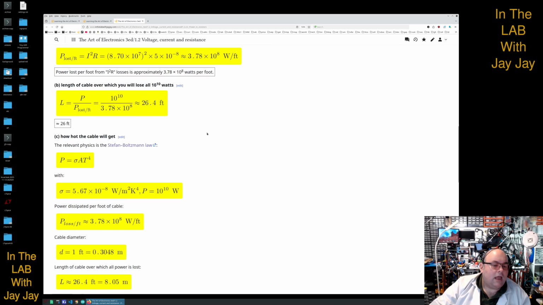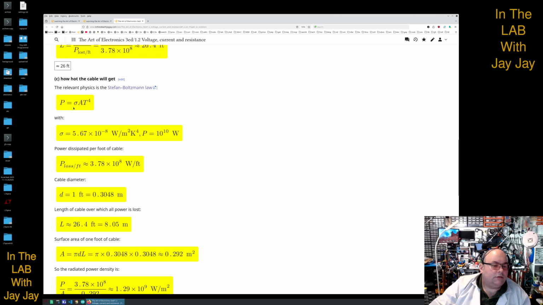How hot the cable will get. The relevant physics is the Stefan-Boltzmann law, which is P equals sigma A T to the power of 4, with sigma equals 5.67 times 10 to the minus 8 watts per meter squared Kelvin to the power of 4.